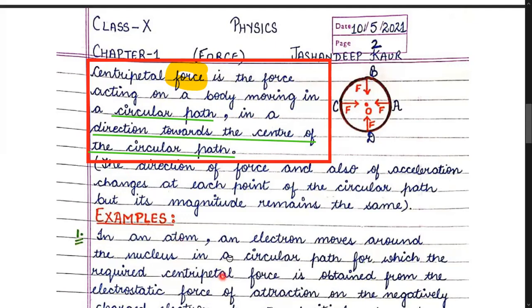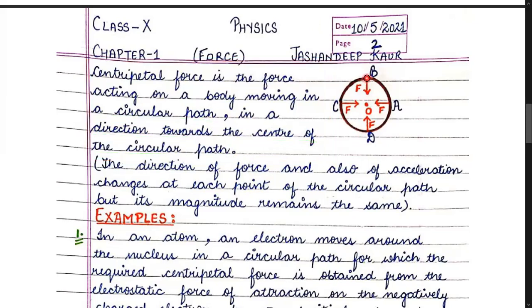Now let us write the direction: in a direction towards the center of the circular path. I hope this is clear to all. So students, whenever a body is moving in a circular path, velocity is taking the body outward.